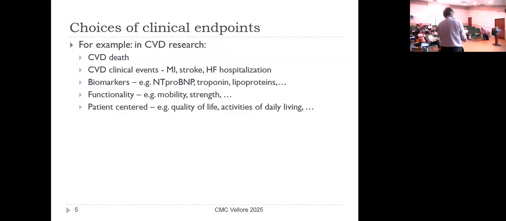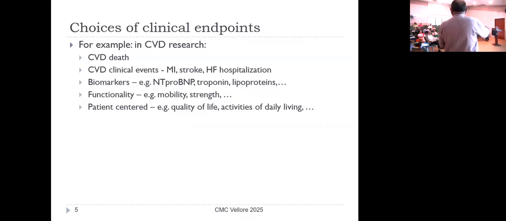But we also may be interested in some biomarkers like NT-proBNP, or troponin, or lipoproteins. Some people work with the aging, they're looking at functionality. They don't care whether they had a heart attack or not, but they're still able to tie their shoes. They're still able to go to the washroom, bathe themselves, dress themselves, how strong they are.